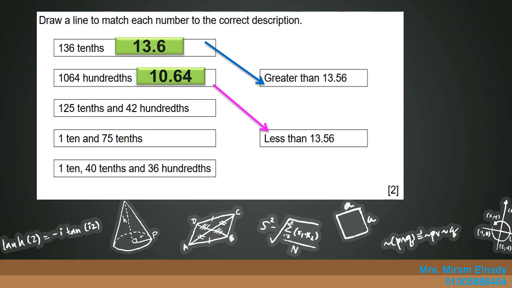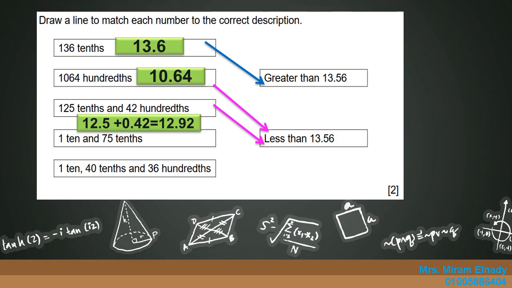What about 125 tenths and 42 hundredths? Again, since the 5 is in the tenths place, the first number will be 12.5, and plus 42 hundredths, 0.42. So when we add both numbers, the answer will be 12.92, which is less than 13.56.